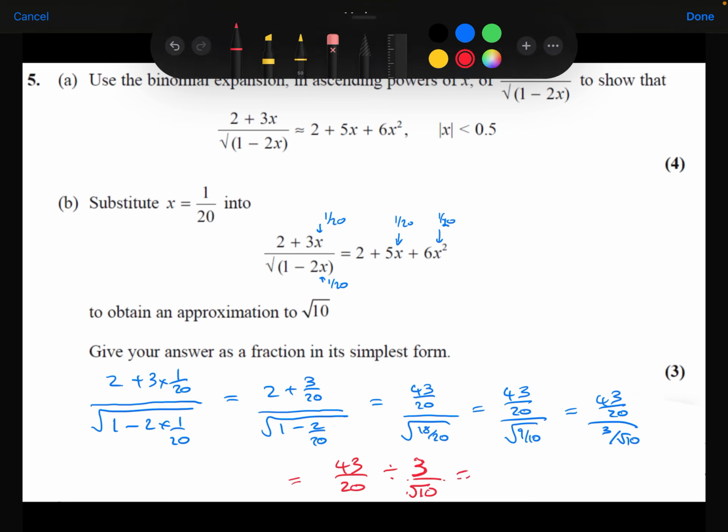We can then use our usual rules for dividing fractions, which will be 43 root 10 over 60. So this is the left-hand side here. This is going to be 43 root 10 over 60.